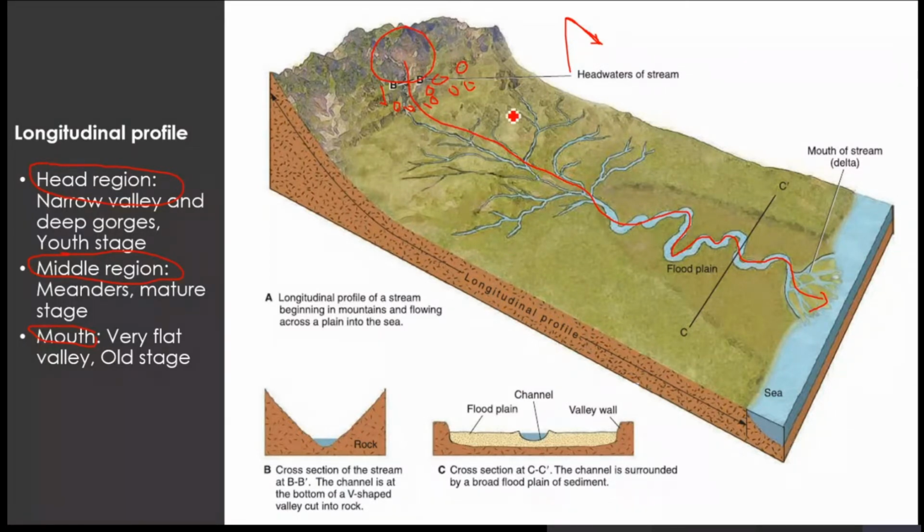It reaches some part in the middle of the river. Here the river reduces its capacity. In the head part the slope is very high and the river is capable of carrying large sediments.